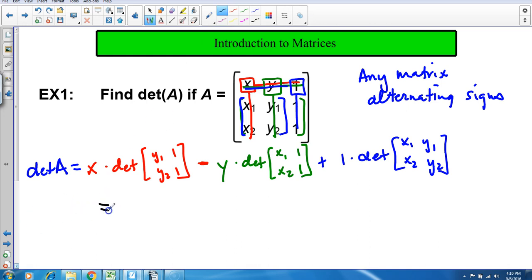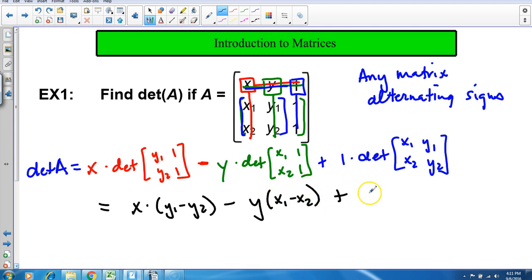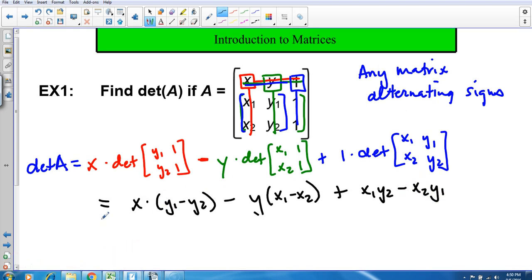So the determinant of A is equal to X times Y1 minus Y2, minus Y times the determinant of this, which is X1 minus X2, plus 1 times X1 Y2 minus X2 Y1. Alright, so we've got it in this form.